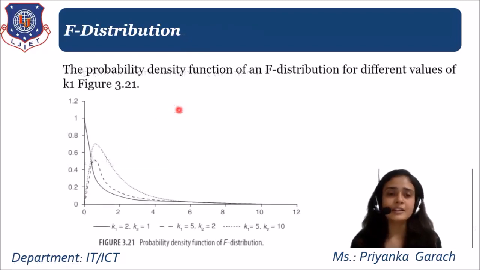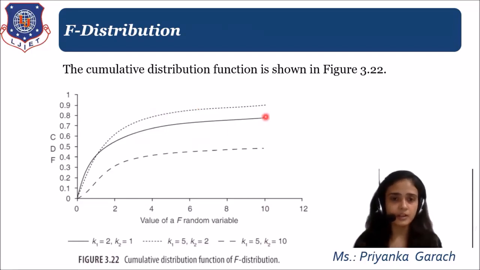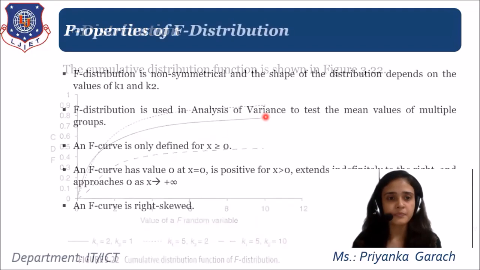This is the probability density function of the F distribution, that is, the curves for different values of k, and this one is the CDF of the F distribution for different values of k. You can remember this graph with a trick: it has a shape like the roads on the highway.